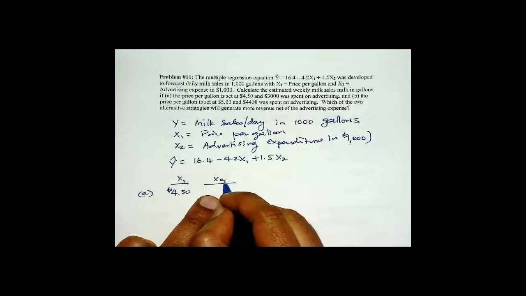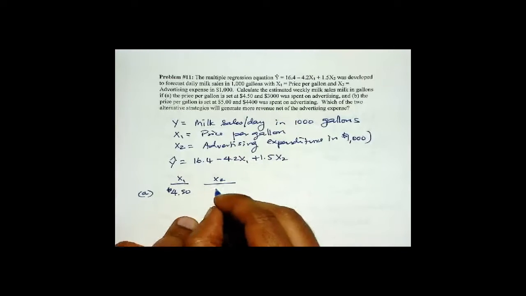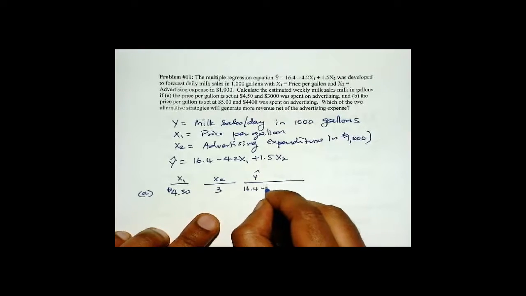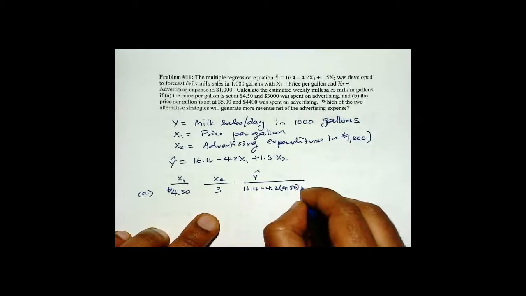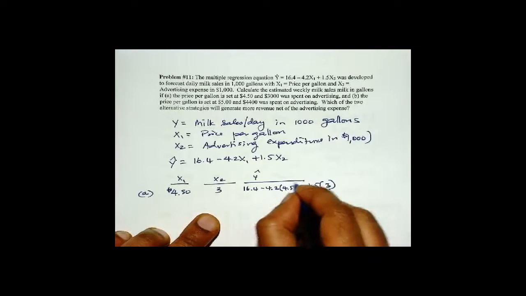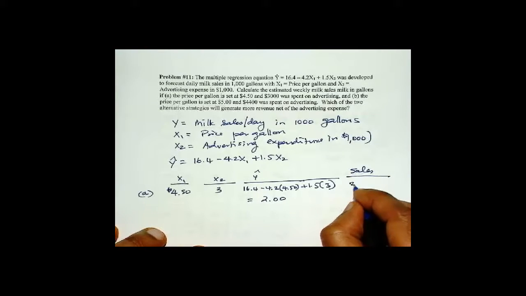Now x sub 2, remember, is in $1,000, so $3,000 will be just 3. So then y hat is 16.4 minus 4.2 times 4.50 plus 1.5 times 3, which will give you 2.0. So sales, which is in thousands, is 2 times $1,000, which is $2,000.